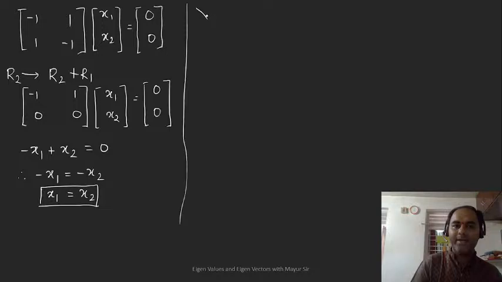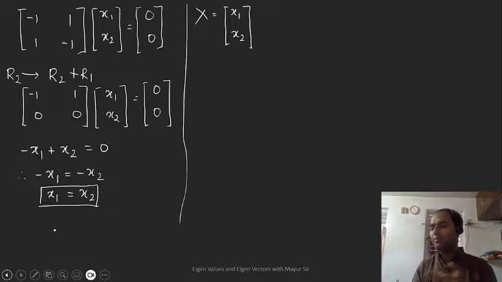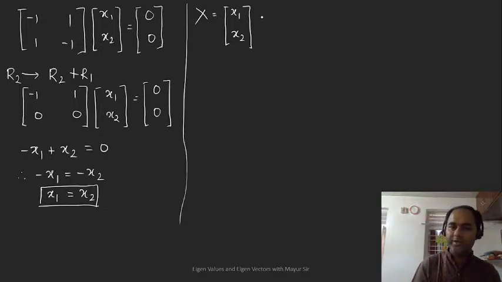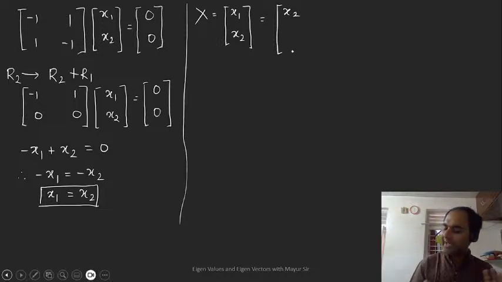Capital X is equal to, of the format, x1 x2. Now we have already said that x1 is equal to x2. So what you do over here, try to understand this carefully, is that instead of x1 I am going to write x2, and for x2 I will not write anything, because if I write again x1 equals x2 equals x1, then I will land up in the same previous situation.